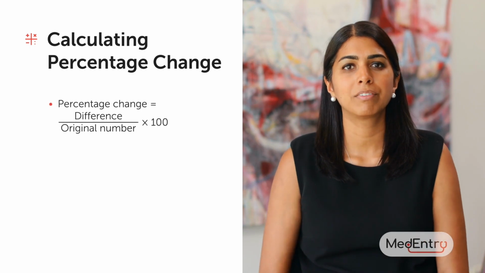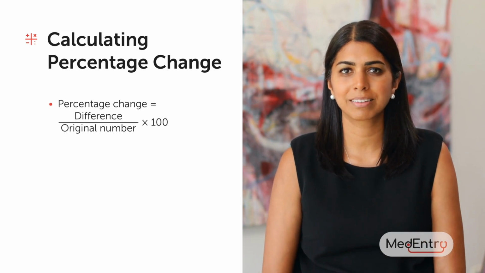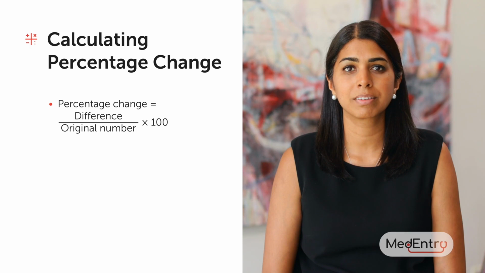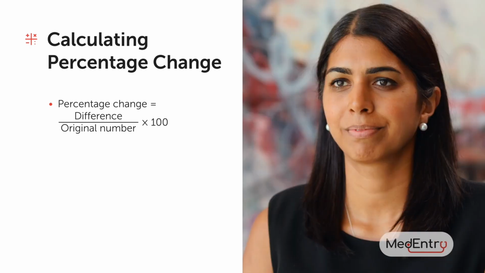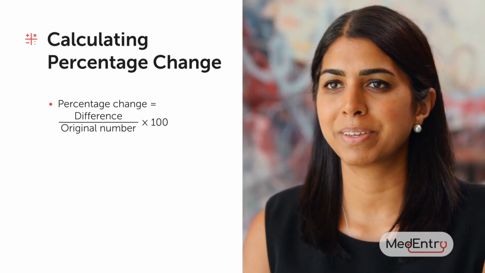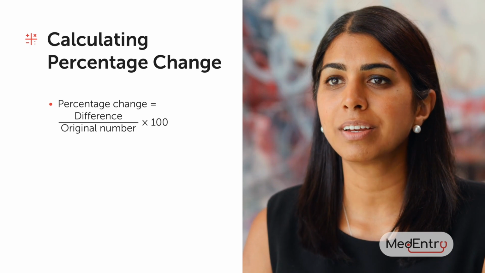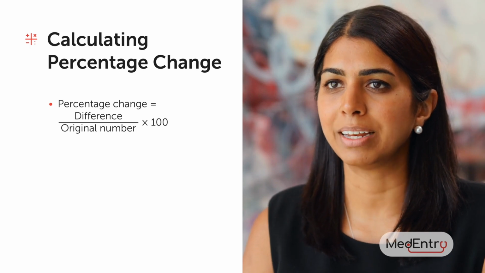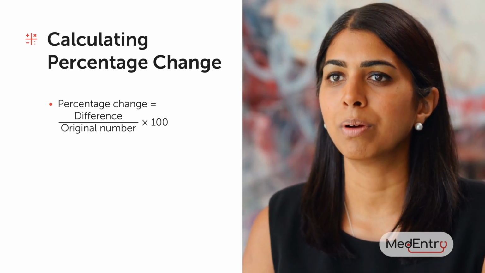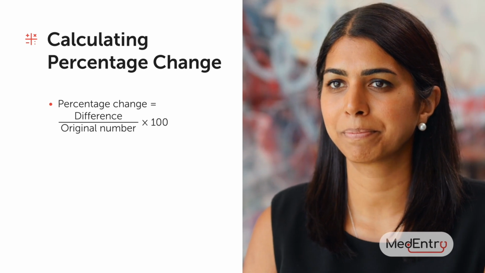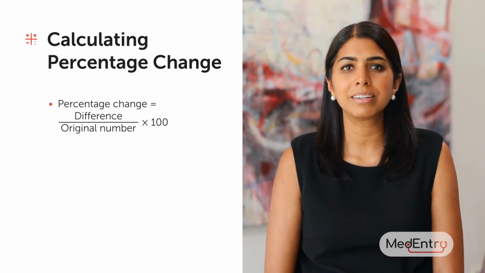The formula for percentage change is difference, new minus original, over original, times 100. To calculate the percentage change, you first need to work out the difference between the two numbers you are comparing. You then need to divide this by the original number and multiply by 100.